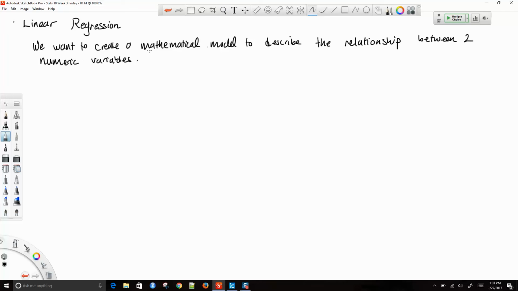Or in essence, we can just think of it as we want the equation of the trend line.